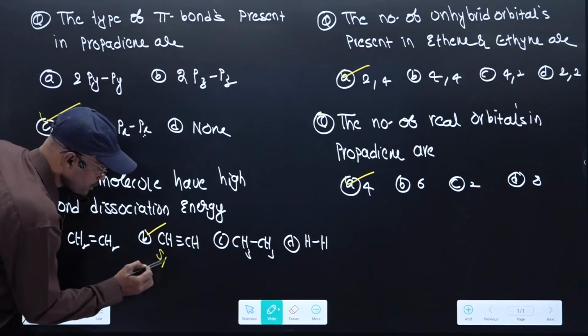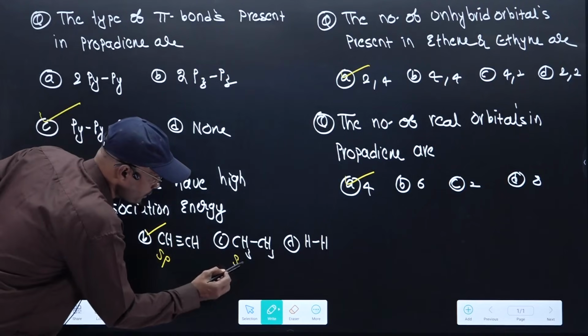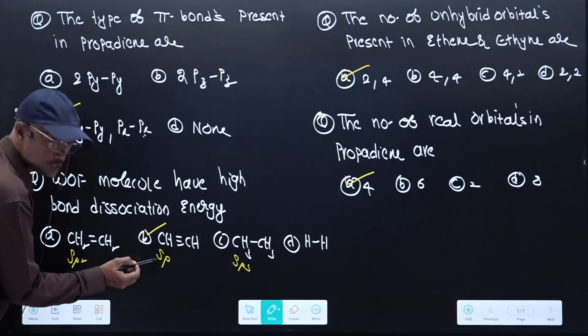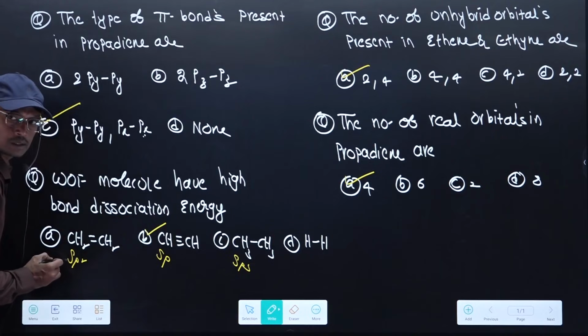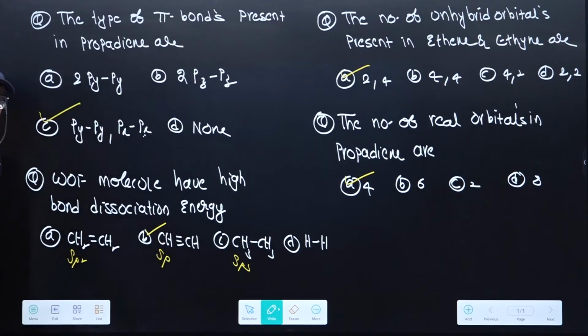What is the hybridization here? sp. And here? sp2. And here? sp3. So here the p character is 50%, here 33.33%, and here 25%. Greater the p character, greater the electronegativity.